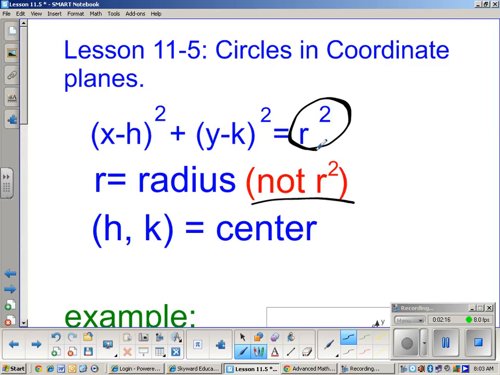What I was hoping you'd say is, if this number was 50, then r would be the square root of 50. If that number that I've circled out there, that r squared, was 50, then the radius would be the square root of 50.